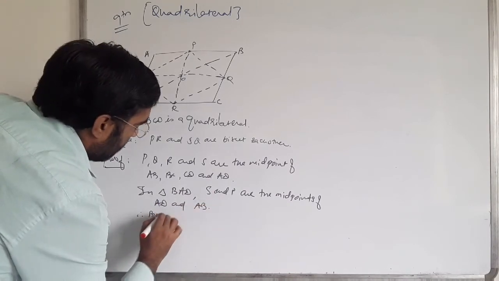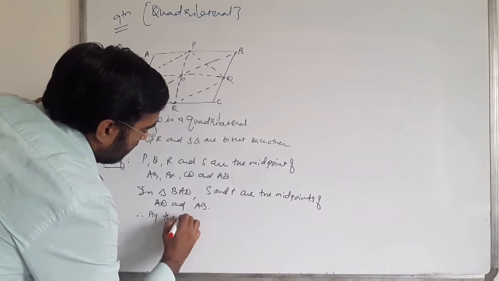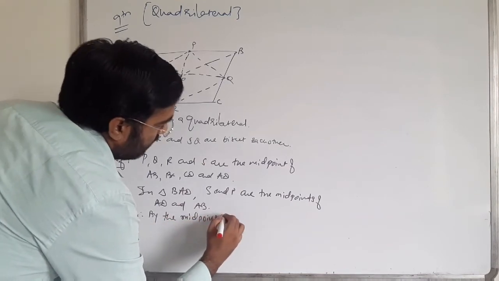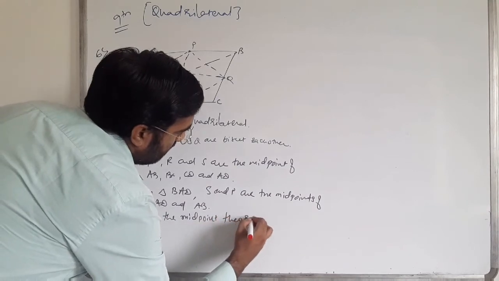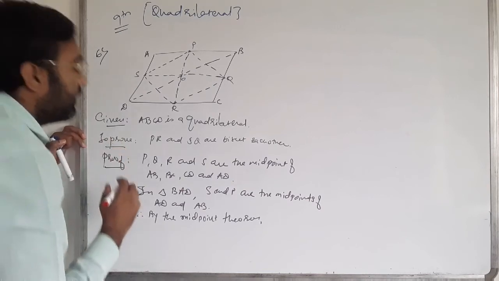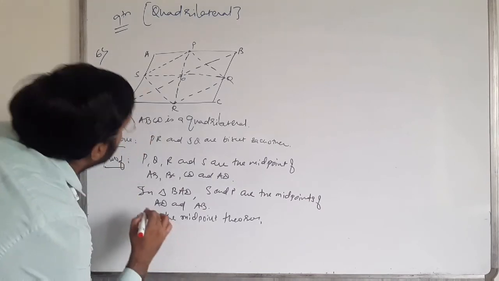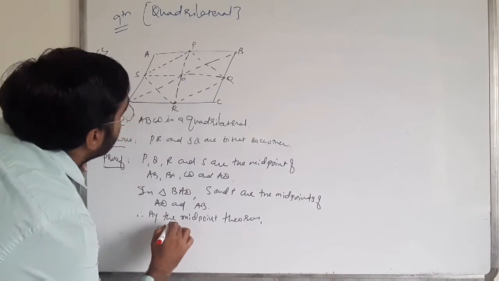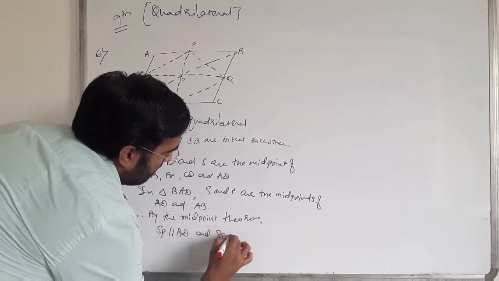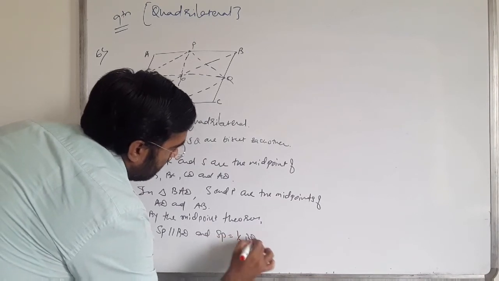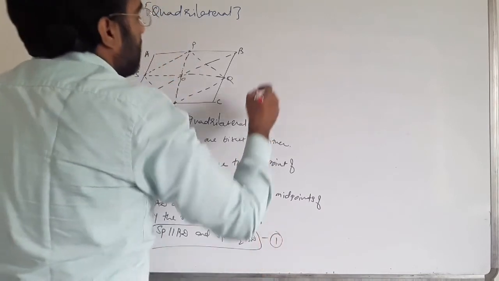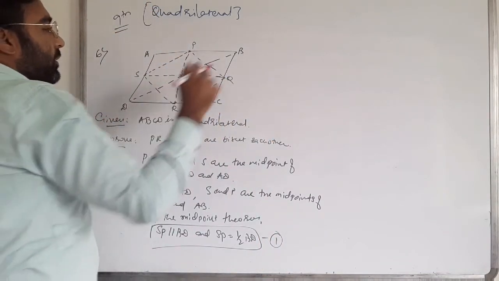Therefore, by midpoint theorem, SP is parallel to BD and SP is equal to half of BD. Okay, equation 1.